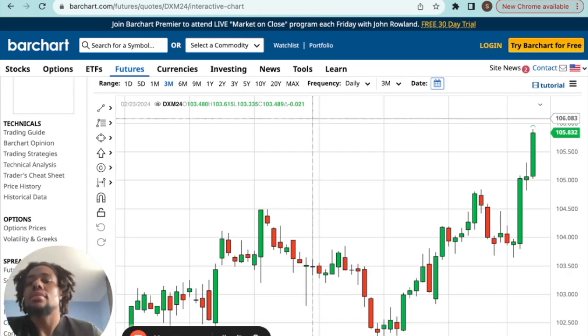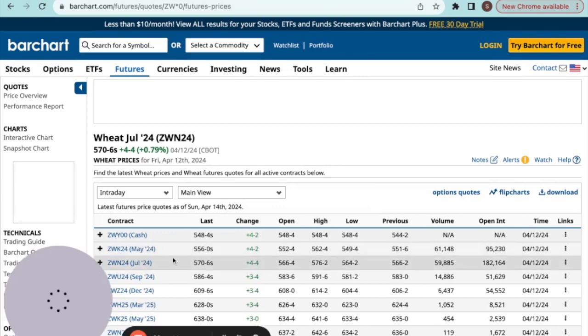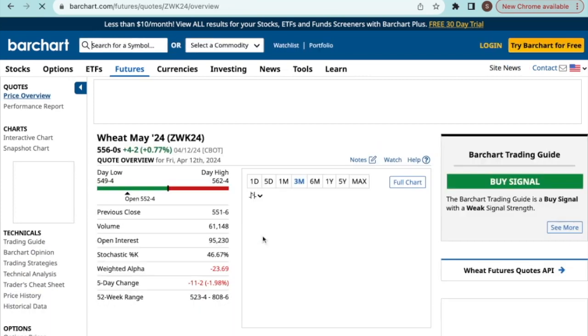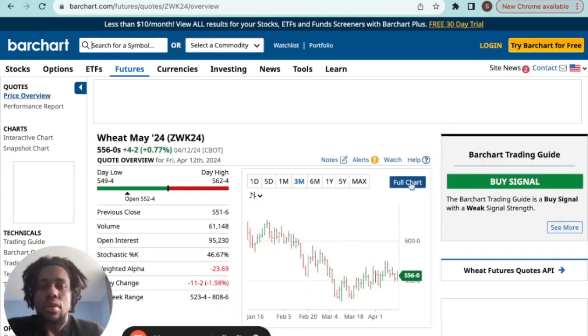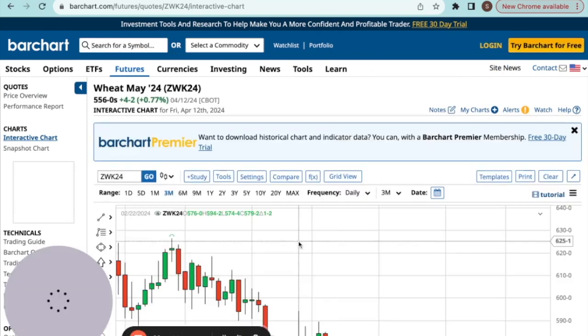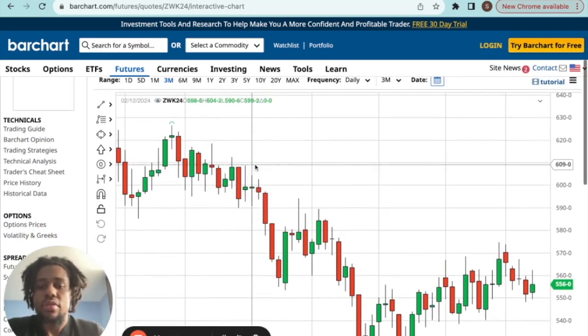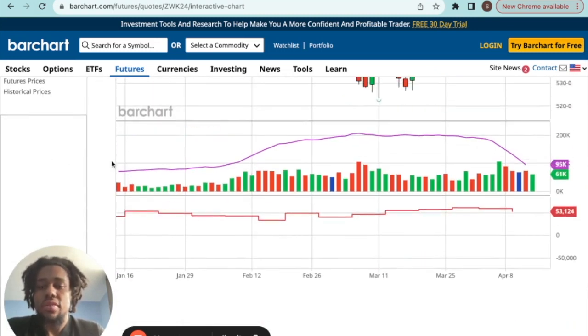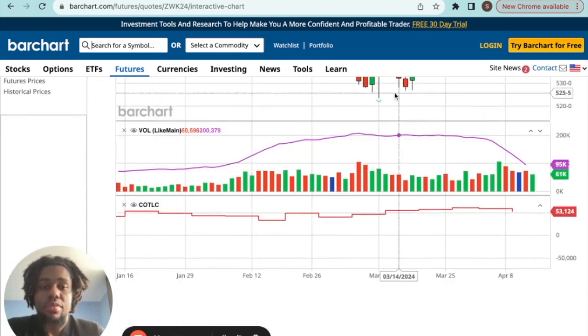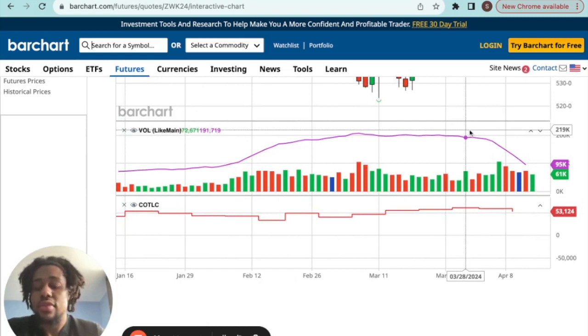So let's typically start off with grains, and let's look at where we are for grains here. On a 3-month horizon, we have volume, and this purple line represents open interest. For those of you that don't know, open interest is simply the amount of short orders within the market.